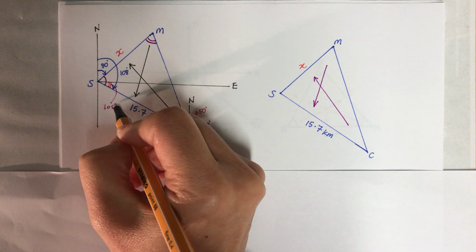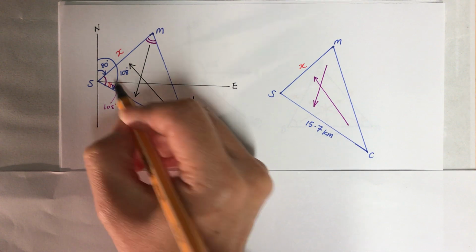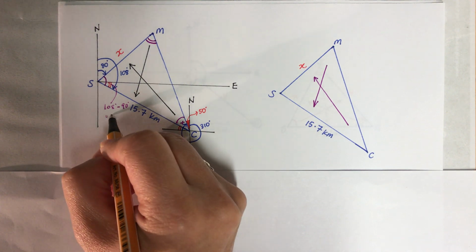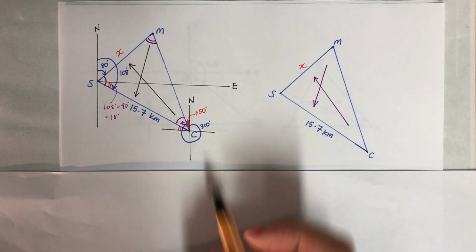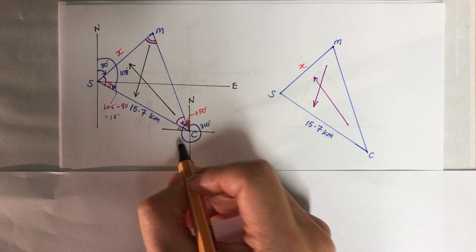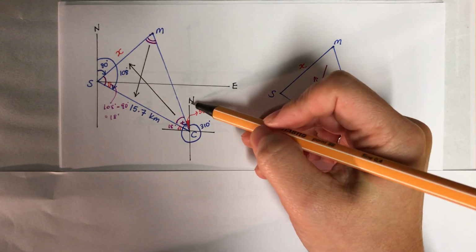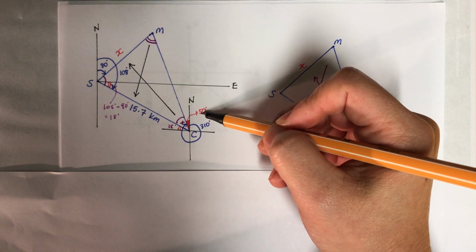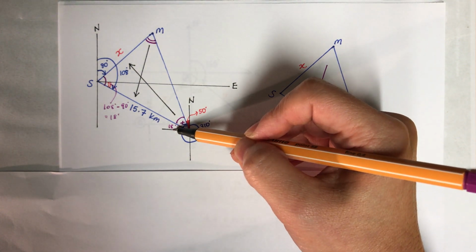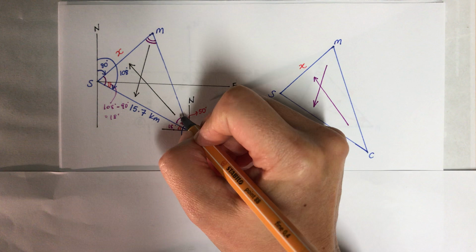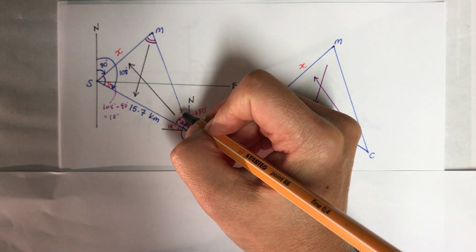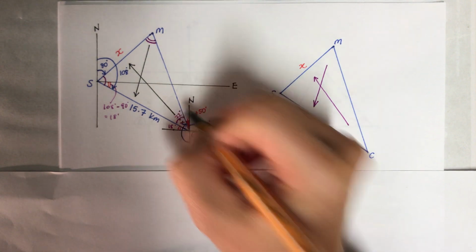It's 108 take away 90, isn't it? Because 108 take away 90, I get 18 degrees. So that little part is 18 degrees. Now the whole thing is 90, so if I get 90 take away 50 take away 18, I will get this angle. So this angle is 90 take away 18 take away 50, which is 22 degrees.